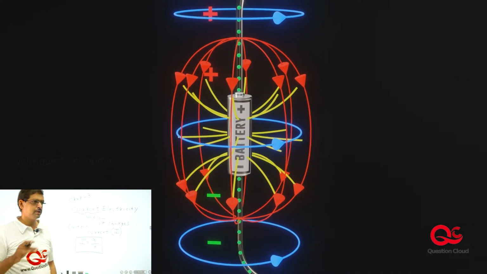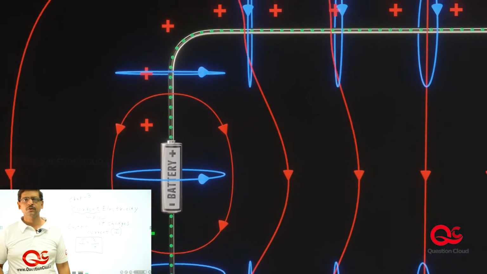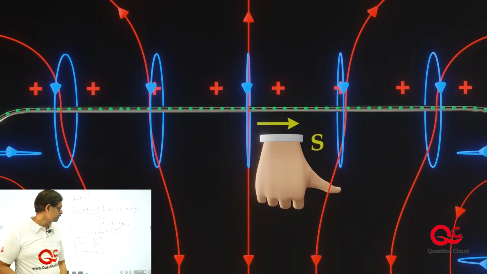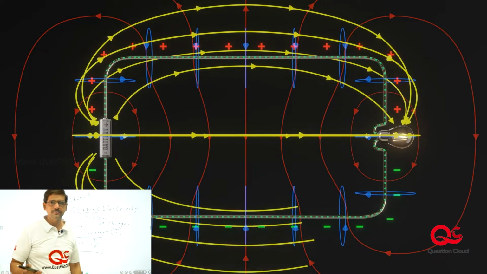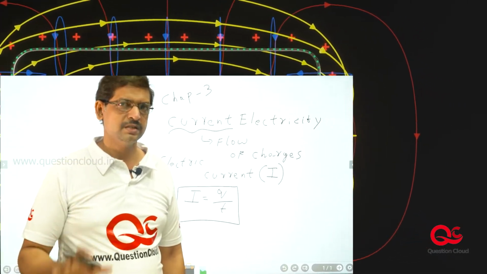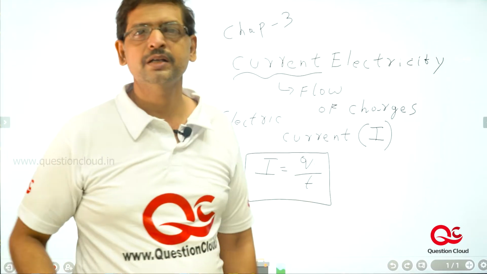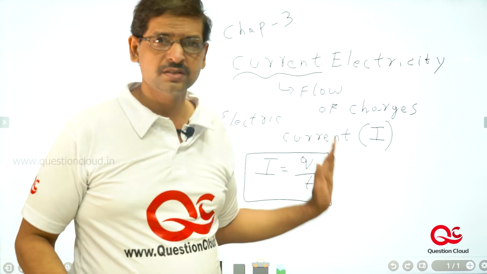Whenever you say per unit time, you always divide by T. The basic formula in physics will always be the same, and there will be different mathematical expressions of the same basic formula.